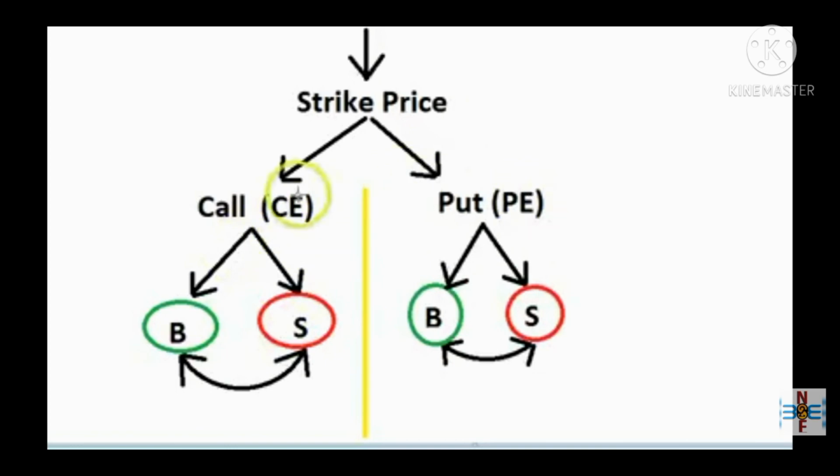They are two different types of contracts, wherein the buyer of the call option will expect Nifty to cross that particular strike price by end of expiry. The put option is exactly the opposite, wherein the buyer of a put option will expect Nifty to drop below that particular strike price.